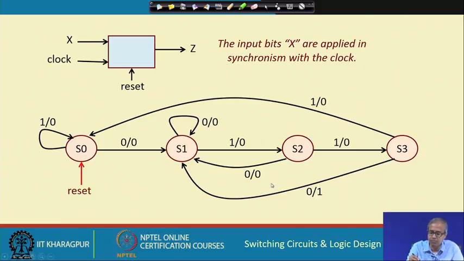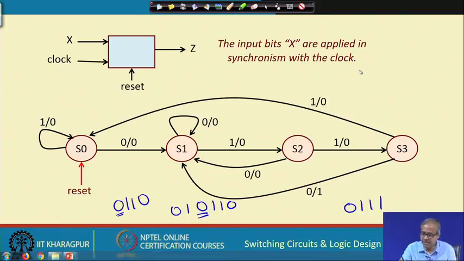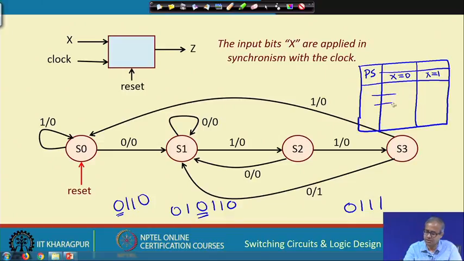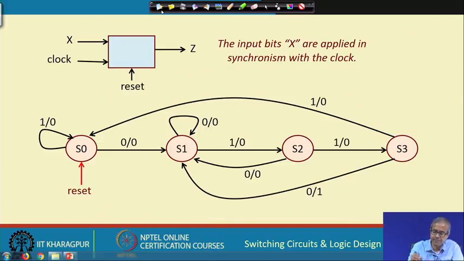Just one thing let me tell you before we move on. If you want to construct the state table, which I have not shown, there will be two parts to it. The first part will be the present state, there will be 4 states S0, S1, S2, S3, and in the next state, because there is only one input, there will be one column corresponding to x equal to 0, one corresponding to x equal to 1. Just like that serial parity detector, the same kind of table will be there, with 4 rows. Okay.